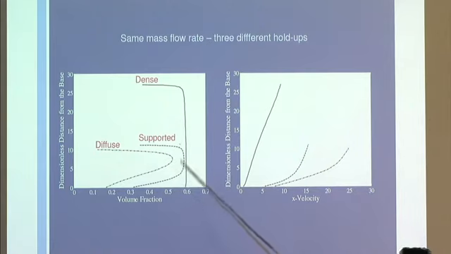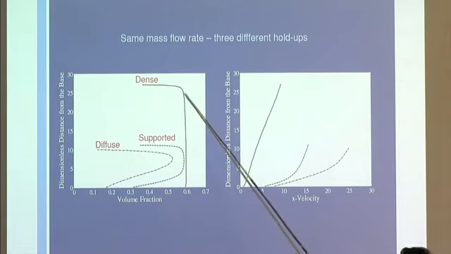Instead, a supported flow is one where you have a core, and then you can distinguish a basal layer where you have a lower concentration. So it's a flow supported by a basal collisional kind of dilute layer, if you like, even though it's not so dilute.